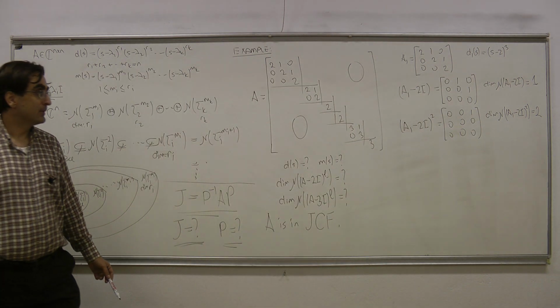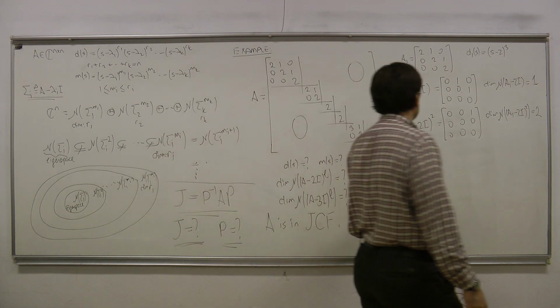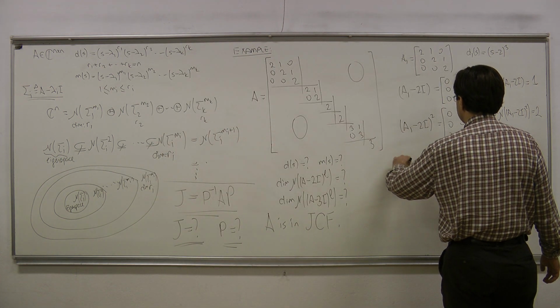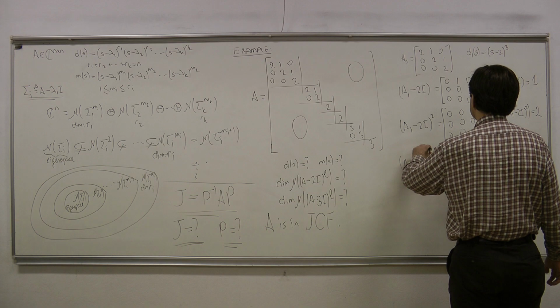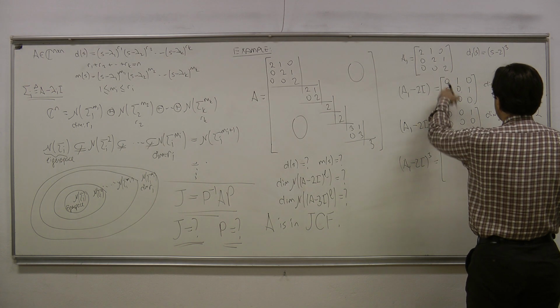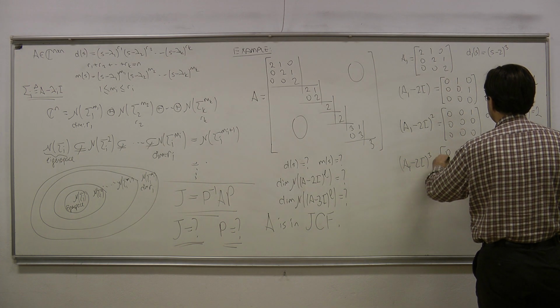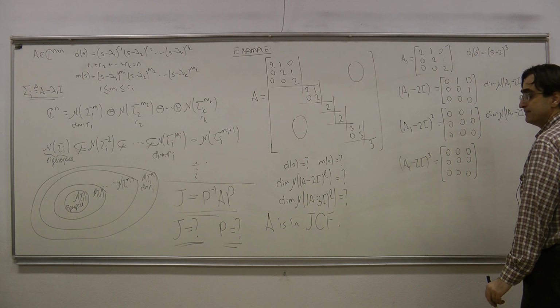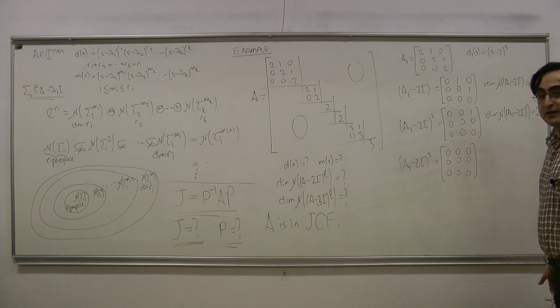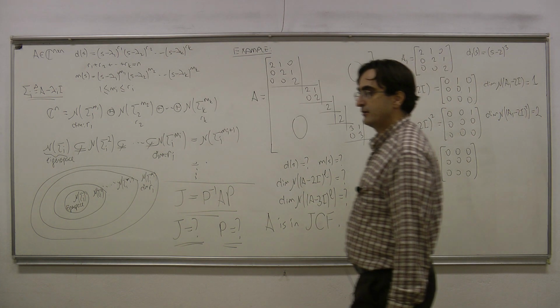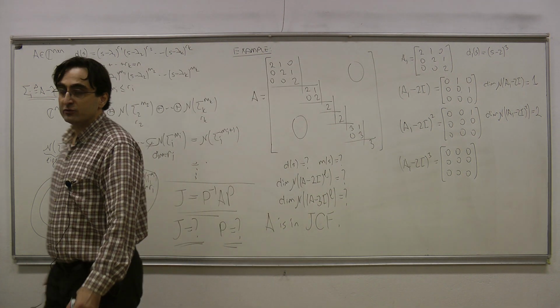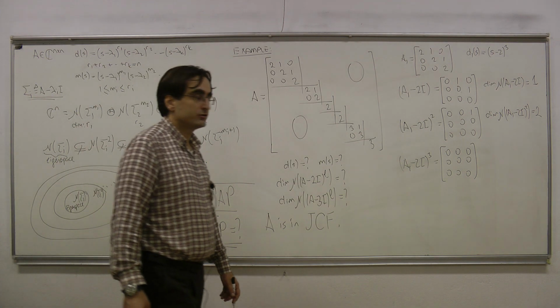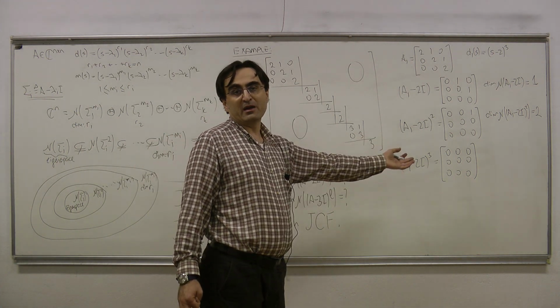All right? Now let me take the cubic power, A1 minus 2 identity cube. In that case, I would multiply these two matrices, and I get a 0 matrix. What is the rank of this matrix?